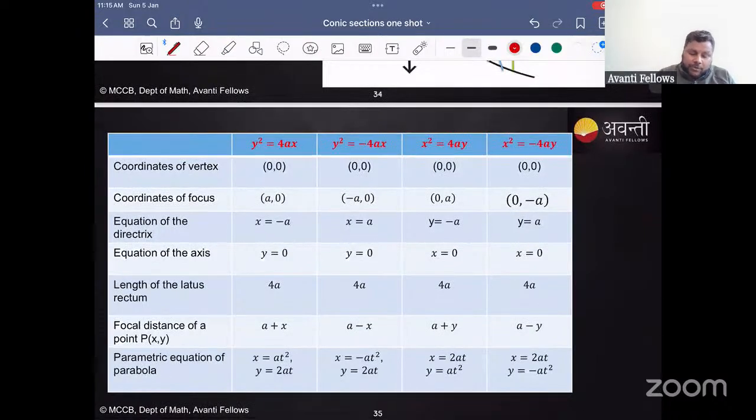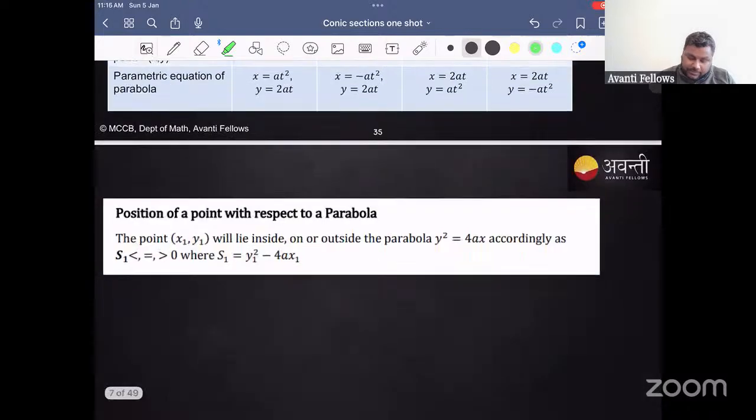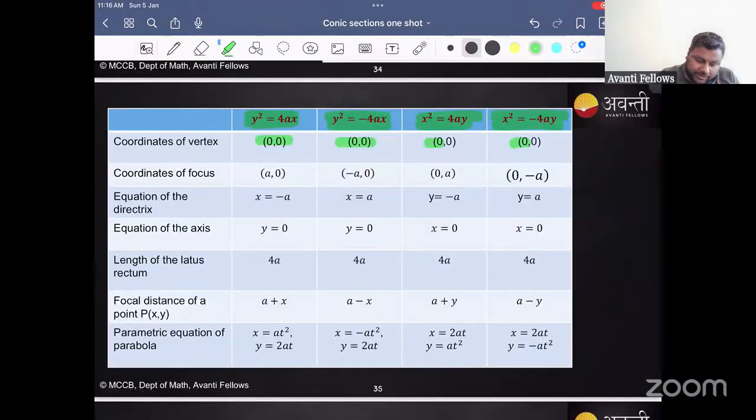Now, for all four standard parabolas: y square equals 4ax, y square equals minus 4ax, x square equals 4ay, and x square equals minus 4ay. In this slide, you see all the parameters, like the vertex everywhere is (0, 0). The diagrams I will also draw for you.